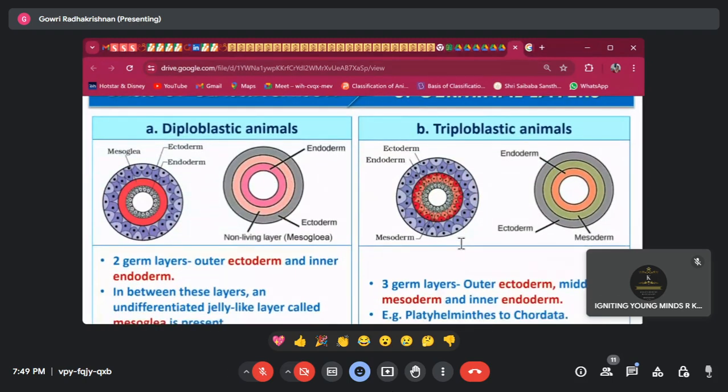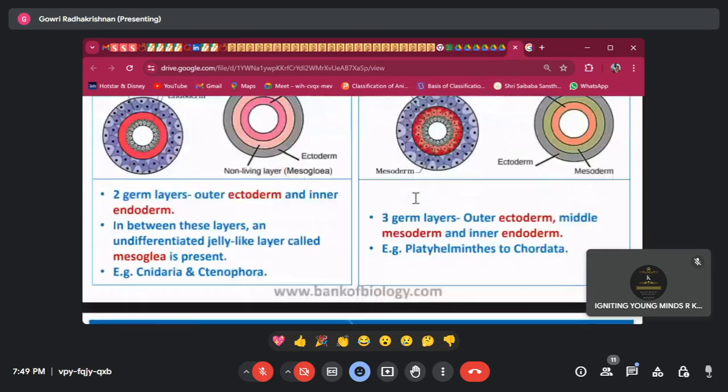It's illustrated in this diagram. You can see diploblastic has ectoderm, the innermost is endoderm, and the middle portion is mesoglea, a non-living layer. Triploblastic has three layers: ectoderm the outer part, endoderm the inner part, and the middle part is mesoderm.